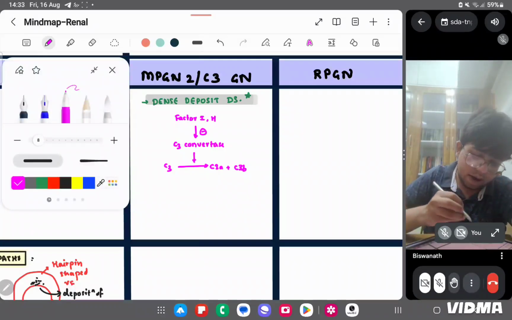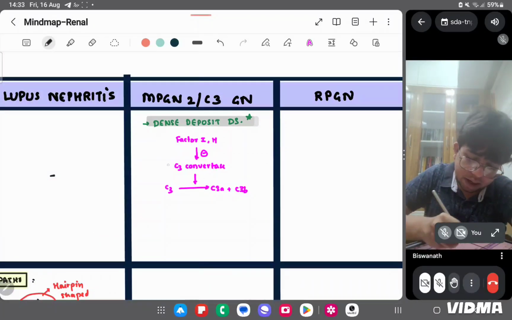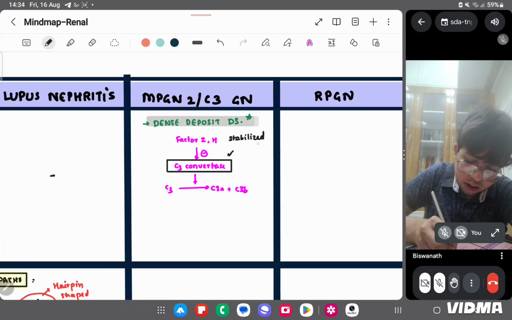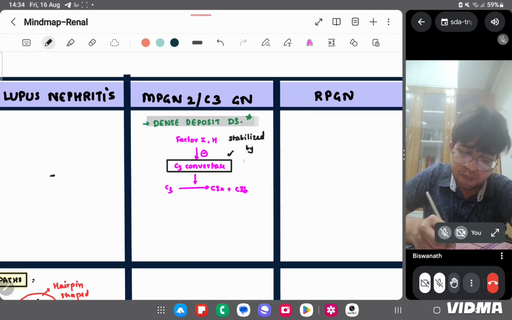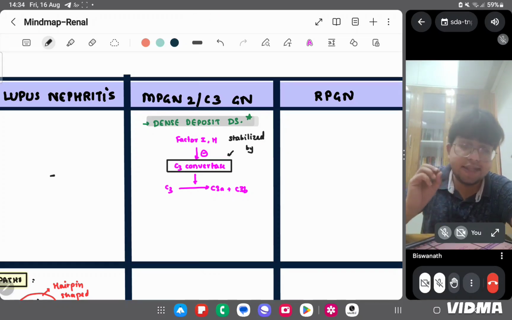And here the C3 convertase is stabilized by the thing called C3NeF.